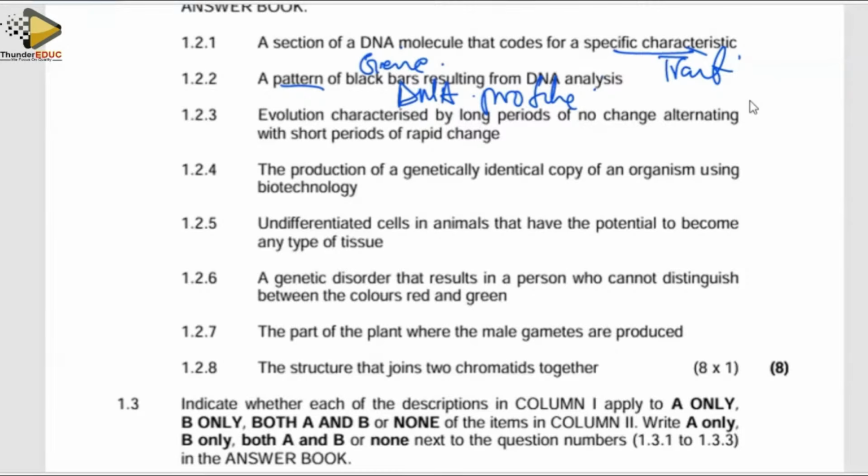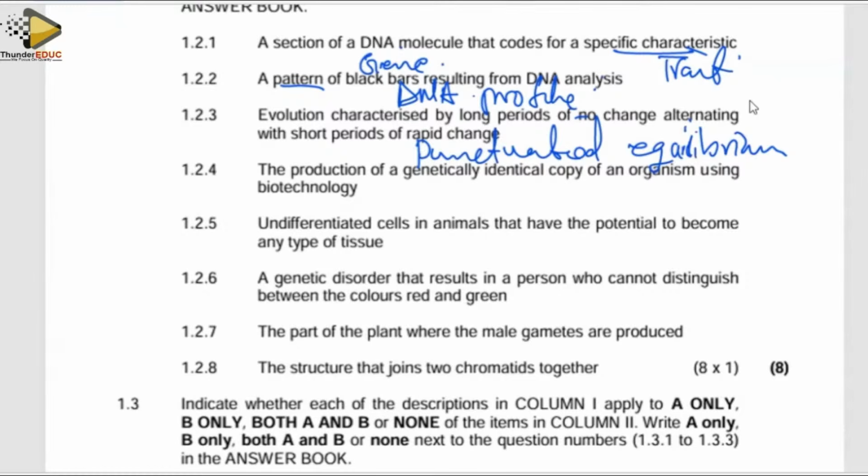Evolution characterized by long periods of change and rapid periods of no change. How do you call that? We call it punctuated equilibrium.